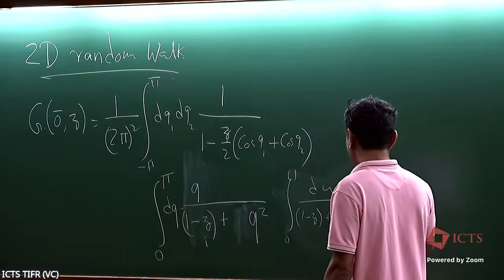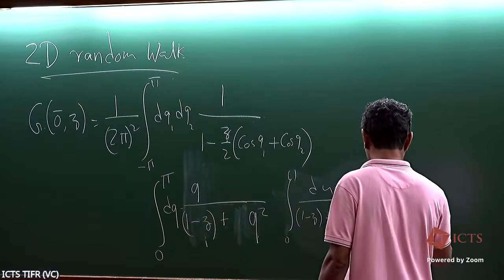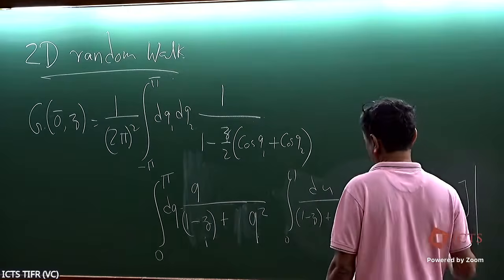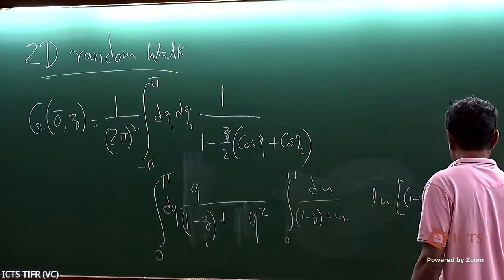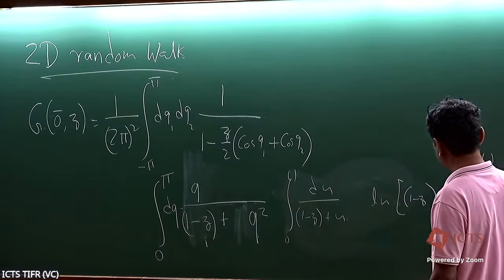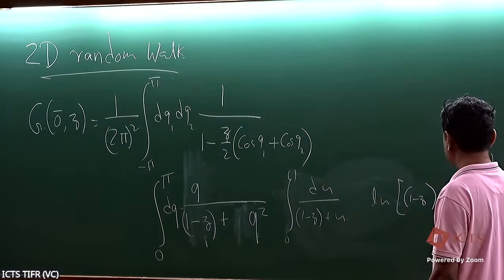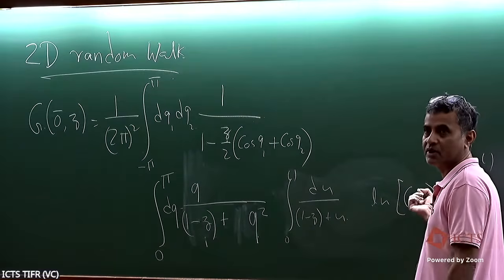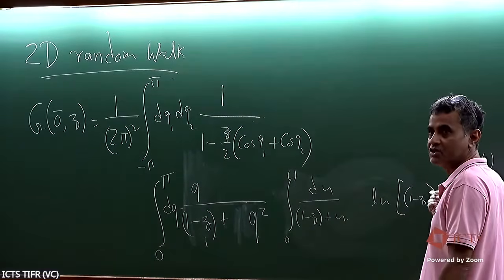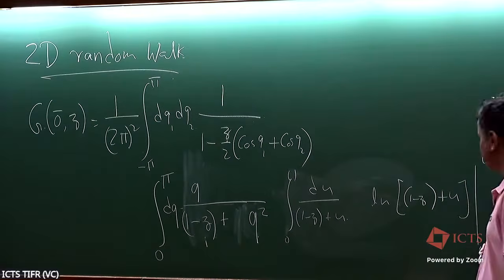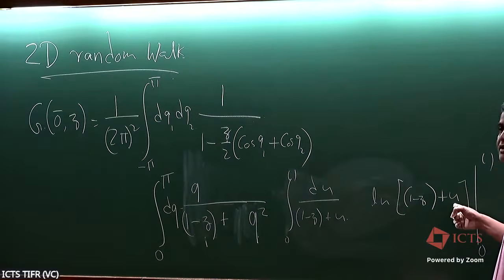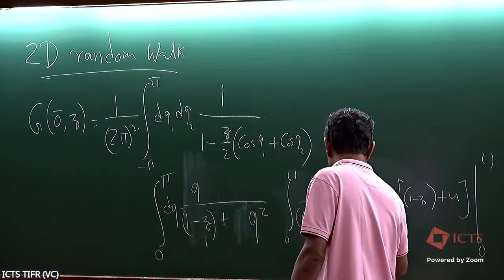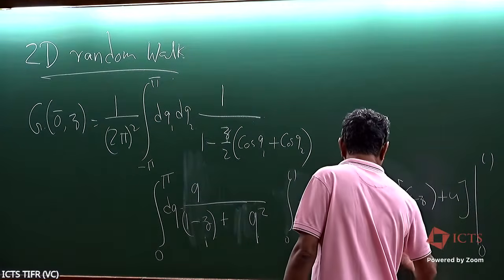So you put something at the upper limit and you'll get something, but when you put z equal to 1 you'll get a finite number, so you don't care. The divergence is basically from the lower limit, so I can set this as log of 1 minus z.